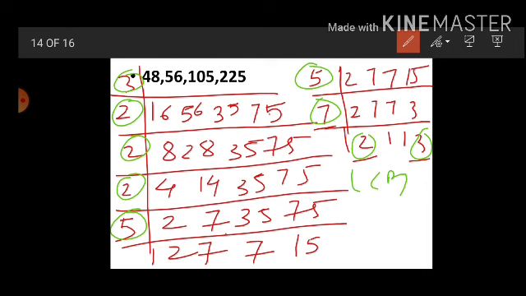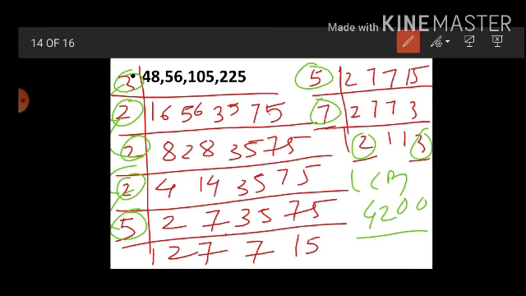So the LCM is 2, 3 2s are 6, 6 2s are 12, 12 2s are 24, and 24 5s are 120, 120 5s are 600, 600 7s are 4200. What is the LCM? 4200.